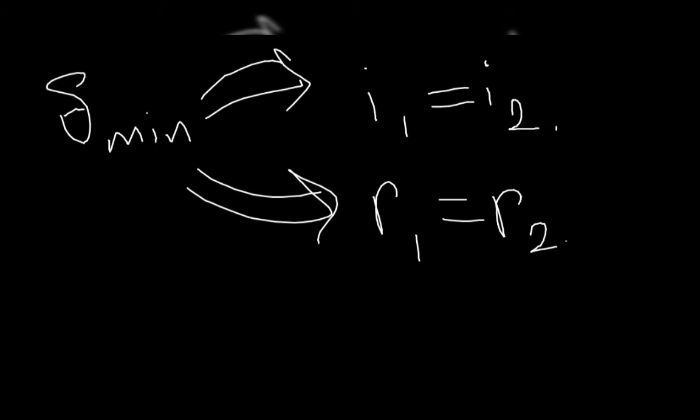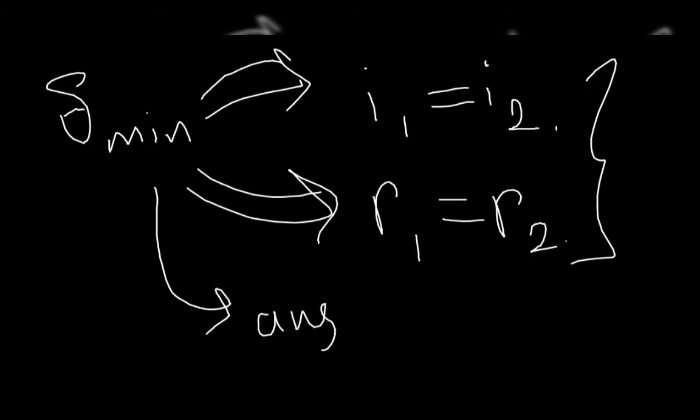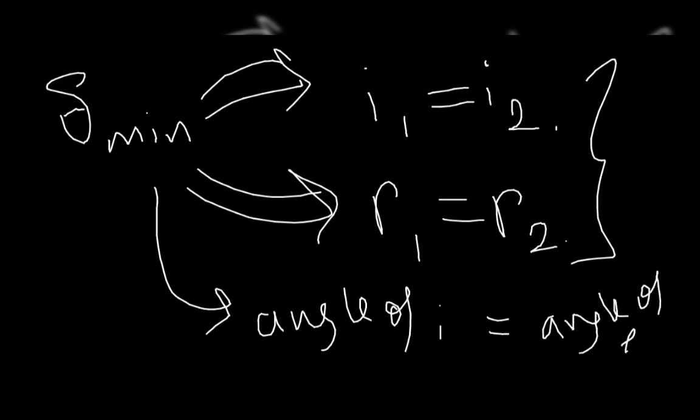So I1 has to be equal to I2, and or R1 has to be equal to R2. Meaning these two are always satisfied when there is delta minimum, because the main meaning here is that the angle of incidence has to be equal to the angle of emergence.